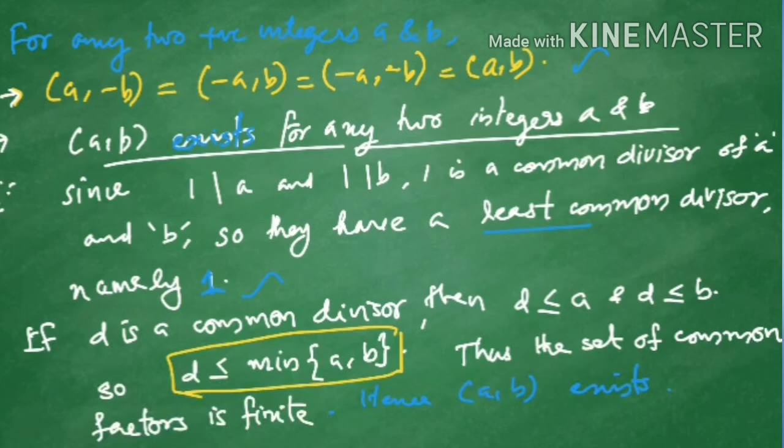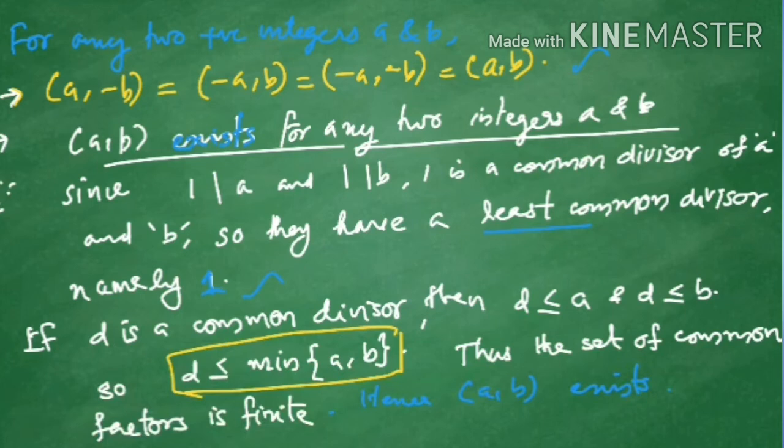I will repeat once again. We are trying to prove GCD of A, B always exists for any two integers A and B. For that, we first prove that there is a least common divisor for A and B, namely 1, because 1 divides both numbers.